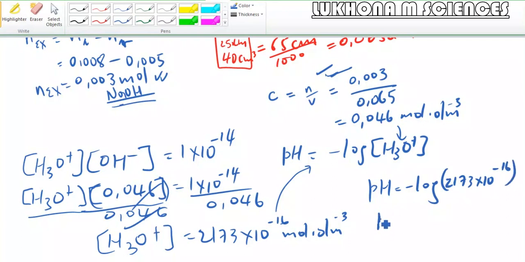Then we get the pH. The pH is 12,66. That is the pH we were looking for.